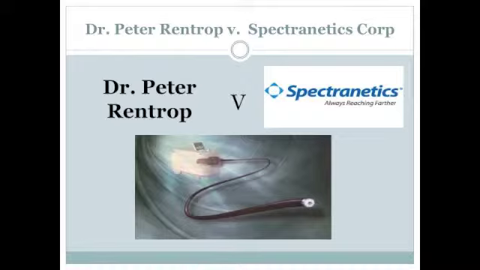And Dr. Rentrop, he's a smart guy. He was a very experienced cardiovascular interventionalist, and he suggested to some of the R&D guys at Spectranetics some ways to improve the device. And they took that seriously and started working on the device with Dr. Rentrop, improving it to his liking and his standard.